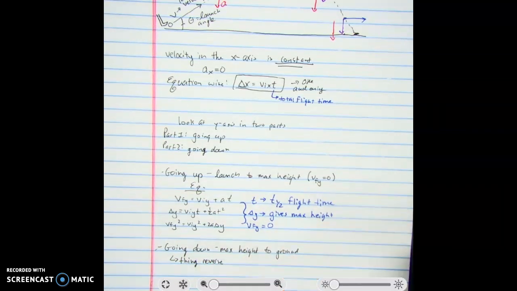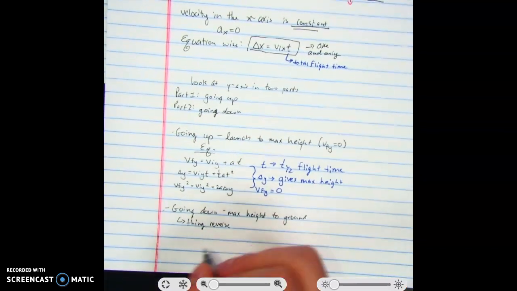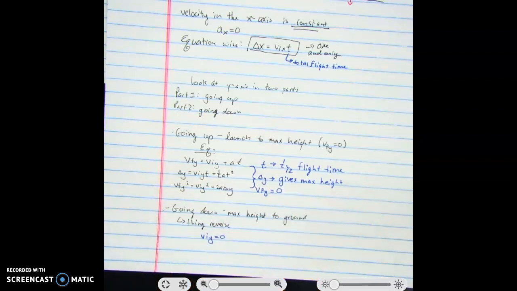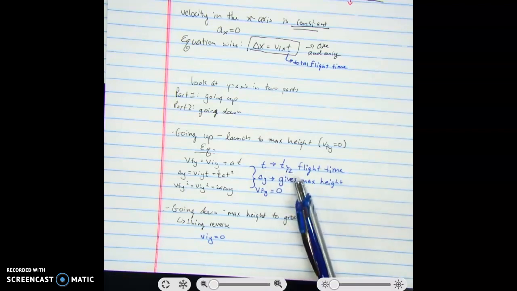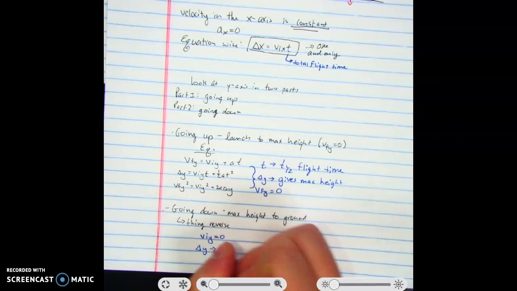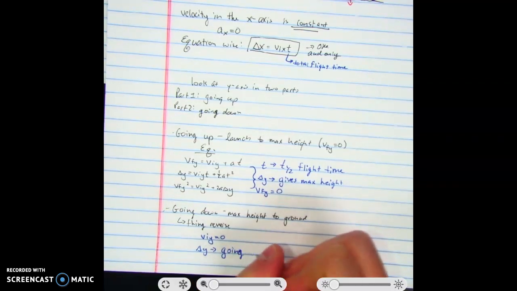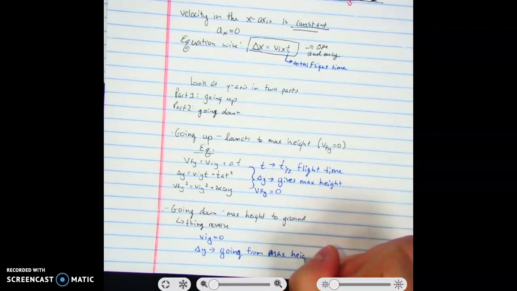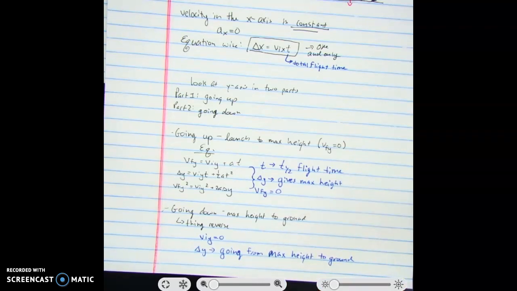What I mean by that is we now state that the v initial y is 0. Okay? You still have T1 half is still a thing. Your delta y is now going from max height to ground. So I'll actually write that down. Delta y going from max height to ground. Okay, so there is that change as well.